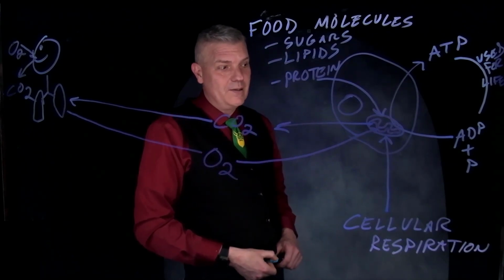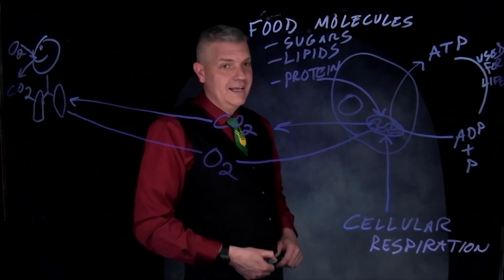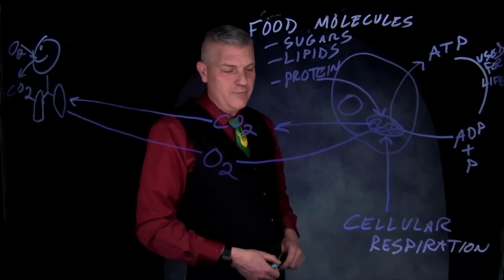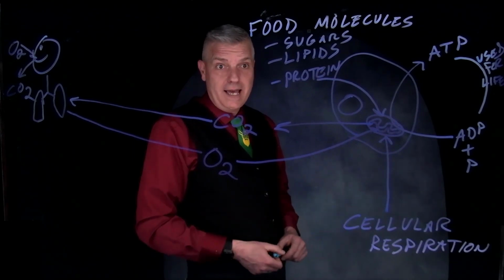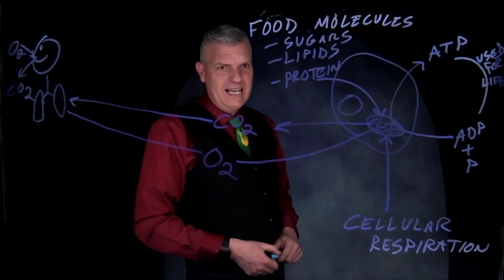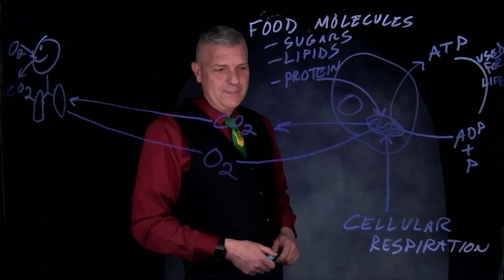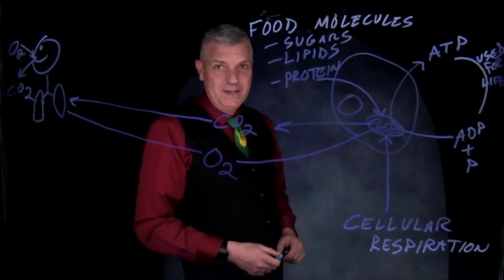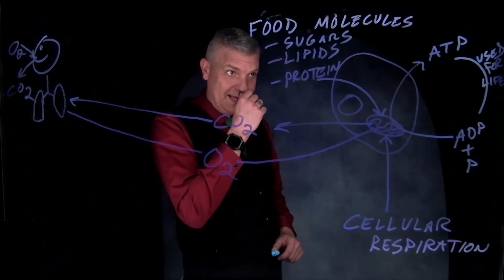So for me right now, as I'm breathing out, I'm breathing out carbon atoms that came from the shepherd's pie that I had a couple of days ago, for example. I always find that kind of fun and fascinating. Or maybe I'm breathing out carbon dioxide from the carbons from the tacos I ate last week or whatever.